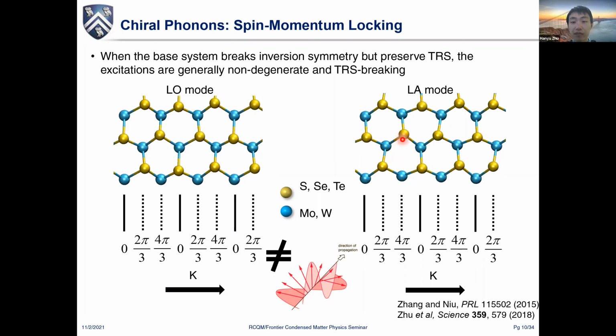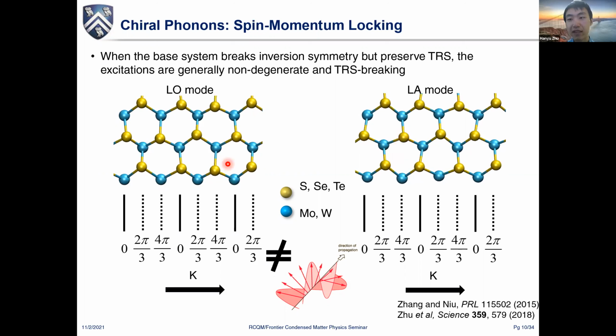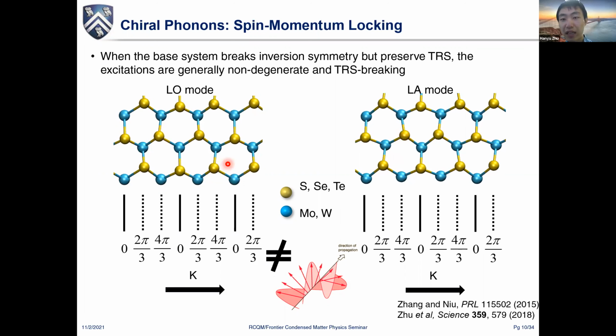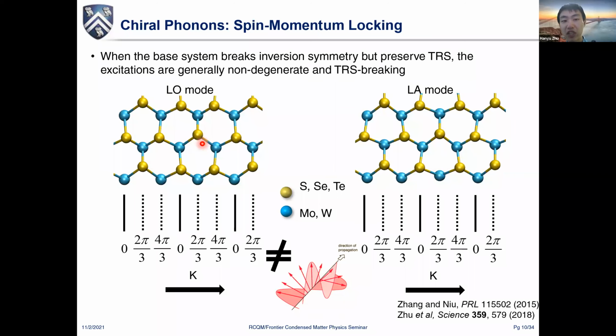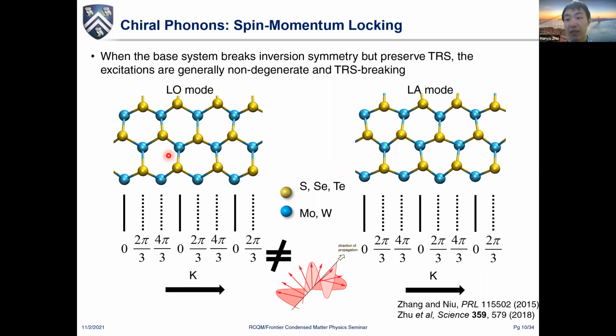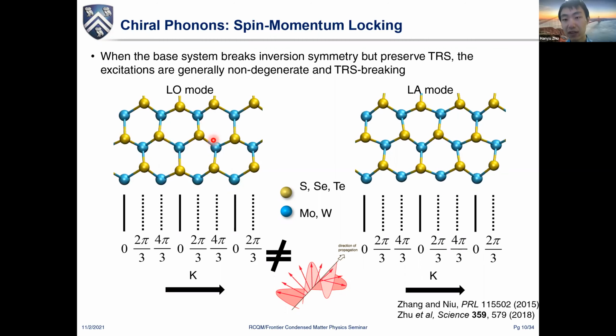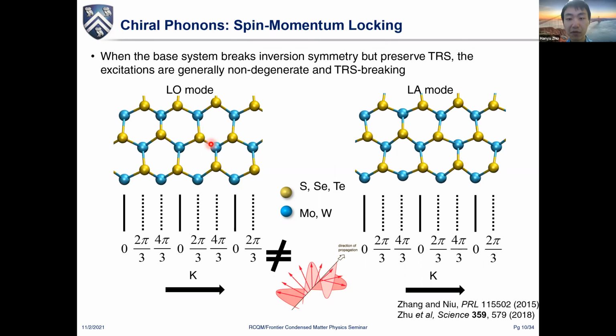So in those cases, we can indeed say that the phonon is somehow chiral, because you cannot simply change its atomic rotation direction. And this is purely based on the fact that the AB sublattices break inversion symmetry.